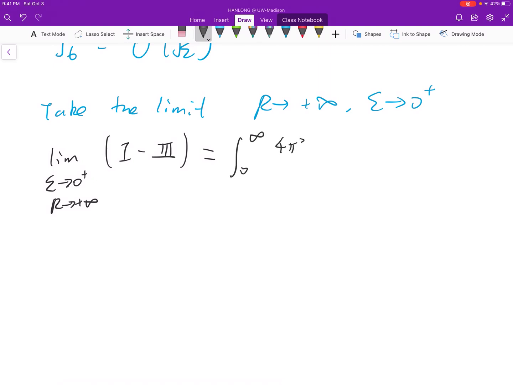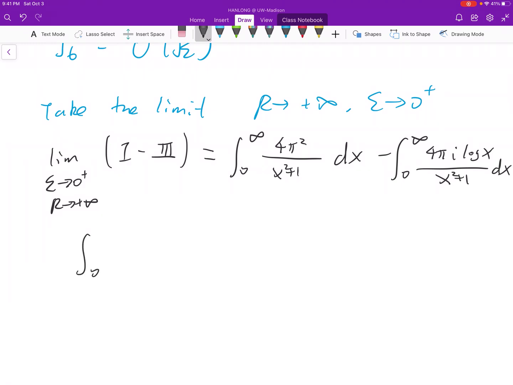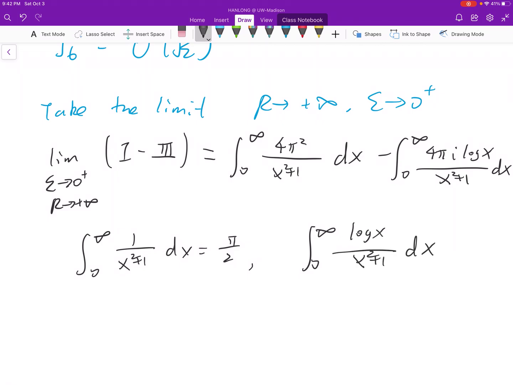J1 is 4 pi squared over x squared plus 1 dx. And the J2 is negative integral from 0 to infinity of 4 pi i log x divided by x squared plus 1 dx. We get the same answer as method 1. Okay, we're done here.